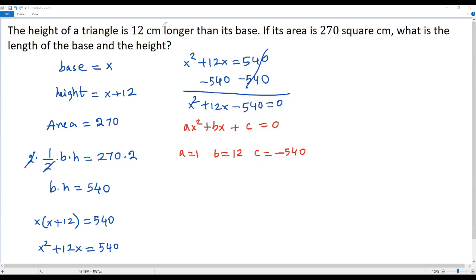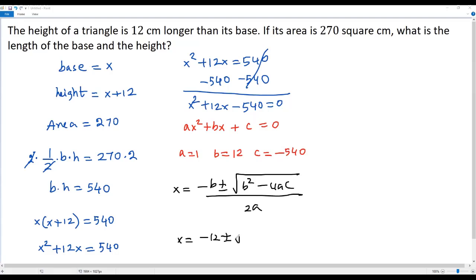Okay, so the quadratic formula here is x = (−b ± √(b² − 4ac)) / 2a. Now let's plug in the values. Negative, the value of b is 12, plus or minus the square root of b², which means 12², minus 4 times the value of a, which is 1, times the value of c, which is −540, over 2 times the value of a, which is 1.